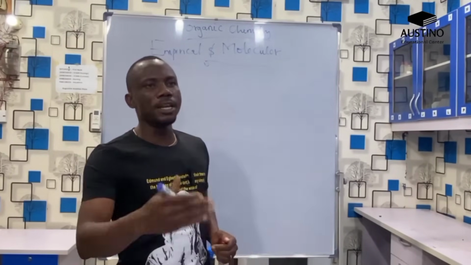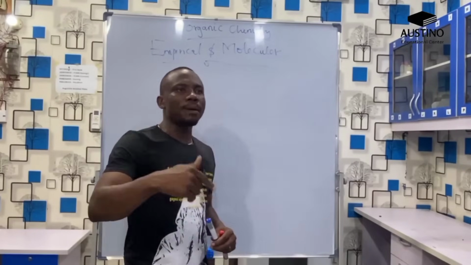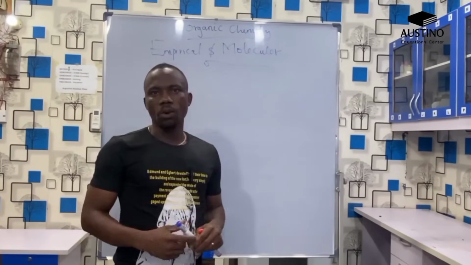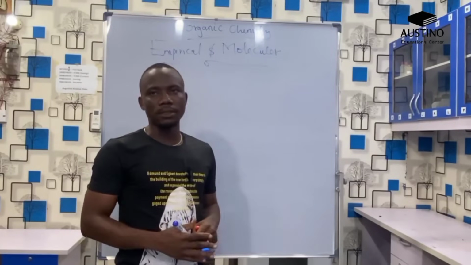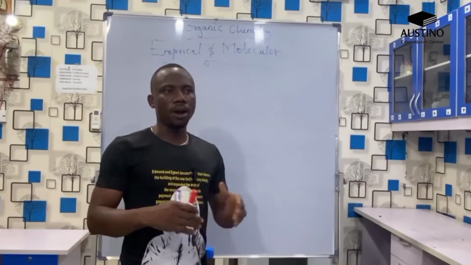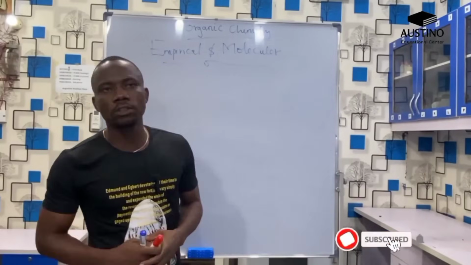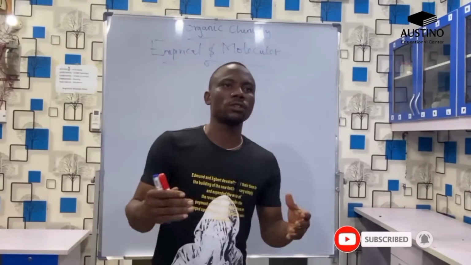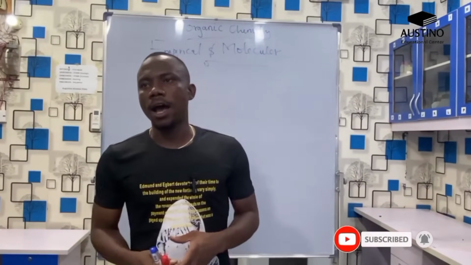That is what led us to what we describe as determination of empirical formula and molecular formula of these compounds. Today we are going to be dealing with the mathematics of how empirical formula is determined, and looking at different examples of how empirical formula and molecular formula questions are solved.